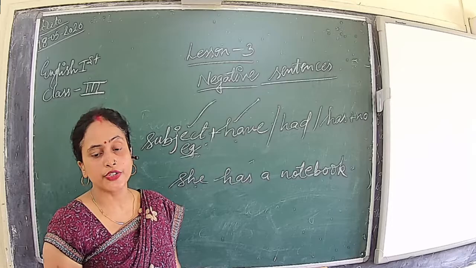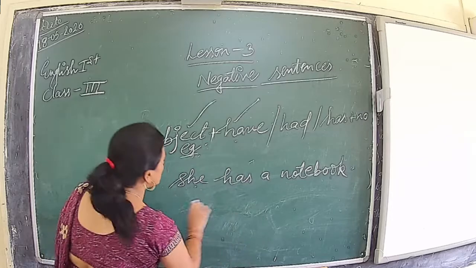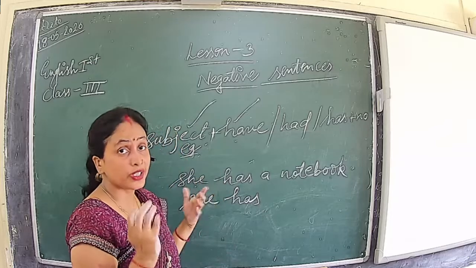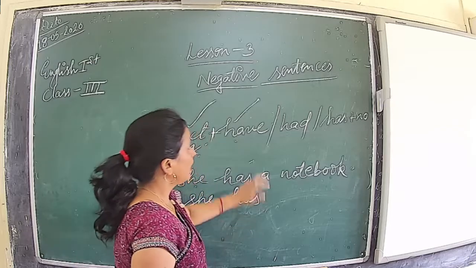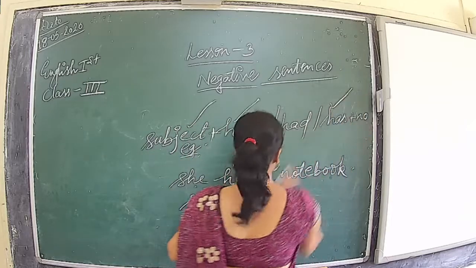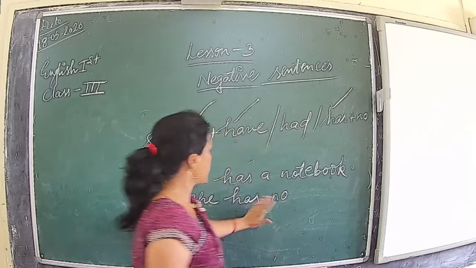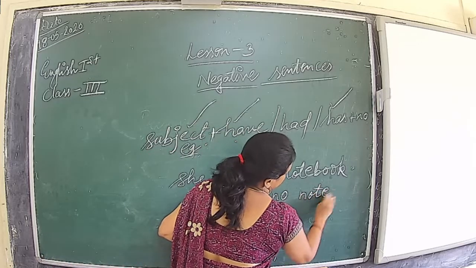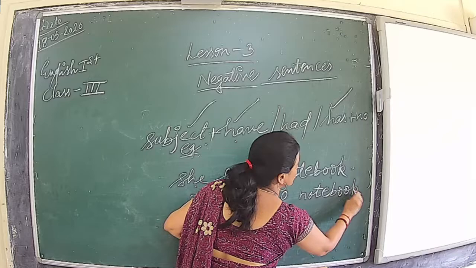When we change it into the negative sentence, what will it become? She has, because it is showing a possession, she has, has plus no. She has no notebook. Very easy. Quite simple, no, to change?